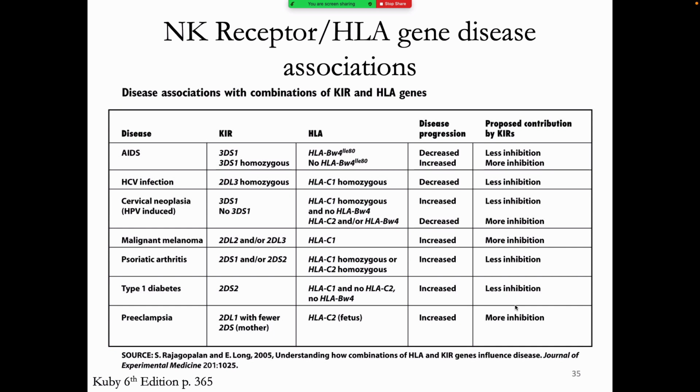And so you can see kind of all of this here. And most of these are something that is infectious, though you can also see there are some autoimmune conditions and a condition, preeclampsia, which is related to pregnancy complications, which you maybe would not think of as being a thing that would be related to immune-related genes. And so you can see that this does seem to have a lot of really important details.